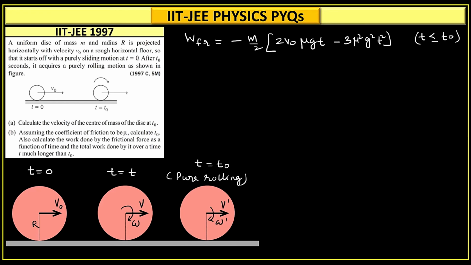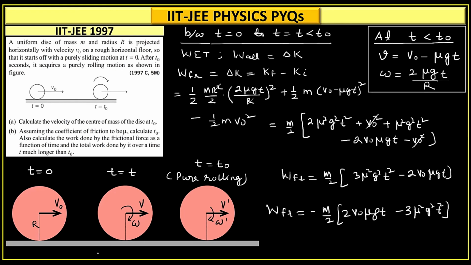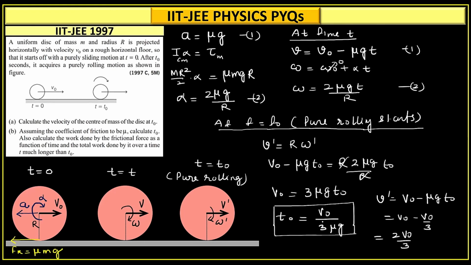So what is the work done till the body starts doing pure rolling? For the interval t equal to 0 to t equal to t naught, let me call the total work done w naught, and here I have to just put the value of t naught, which we had calculated to be v naught by 3 mu g.